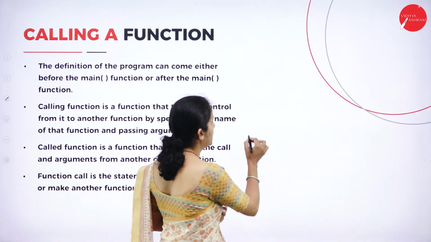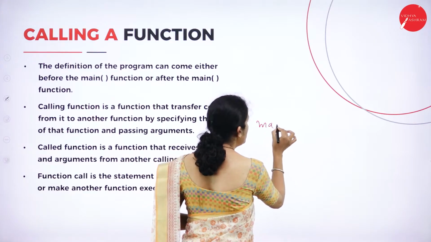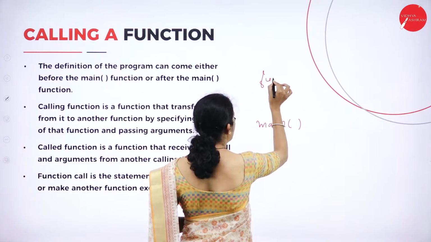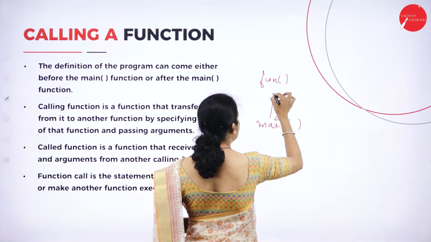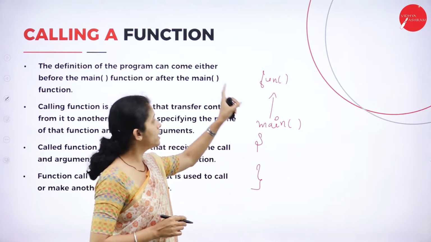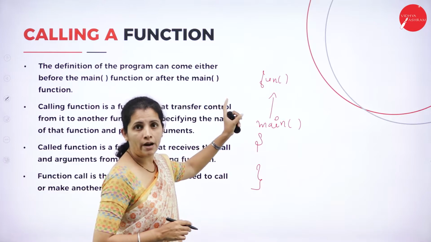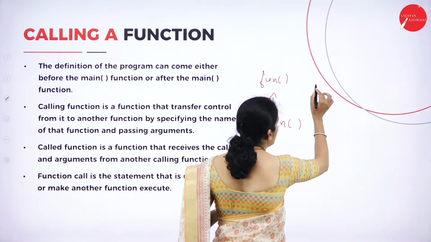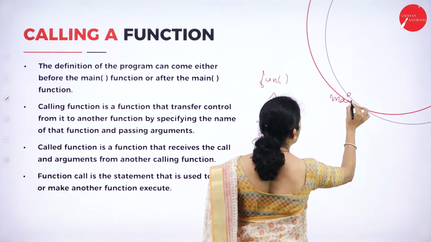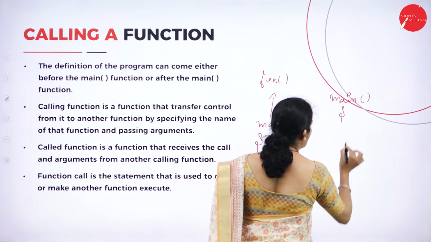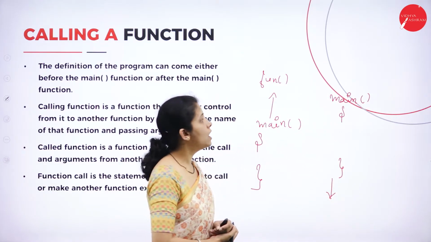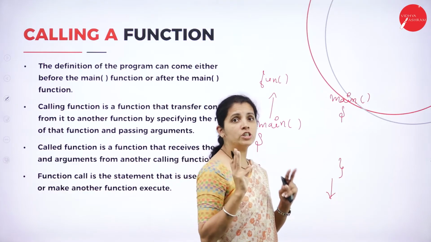That means I can write the function above the main program. In that situation, I don't need to define a function prototype. If I'm going to write the function below the main program, then what do I want to do? I want to write the function prototype.